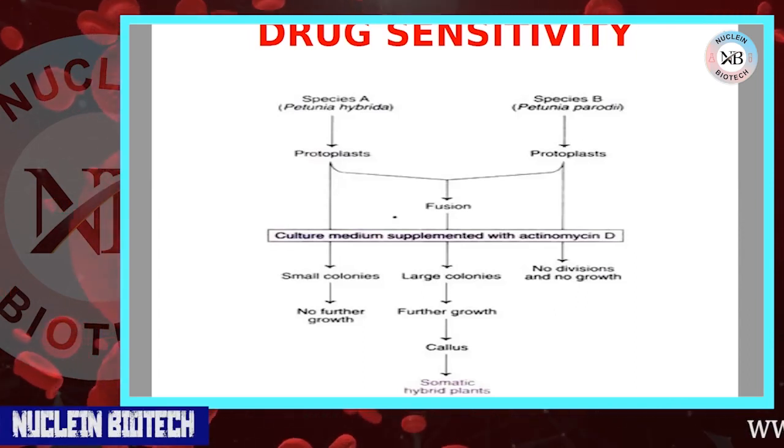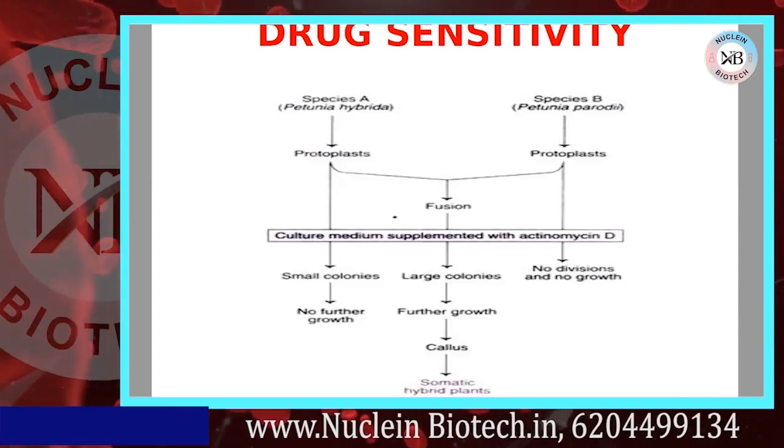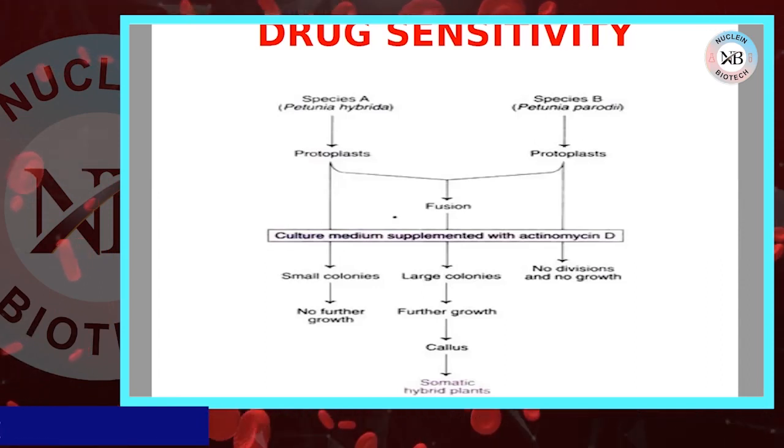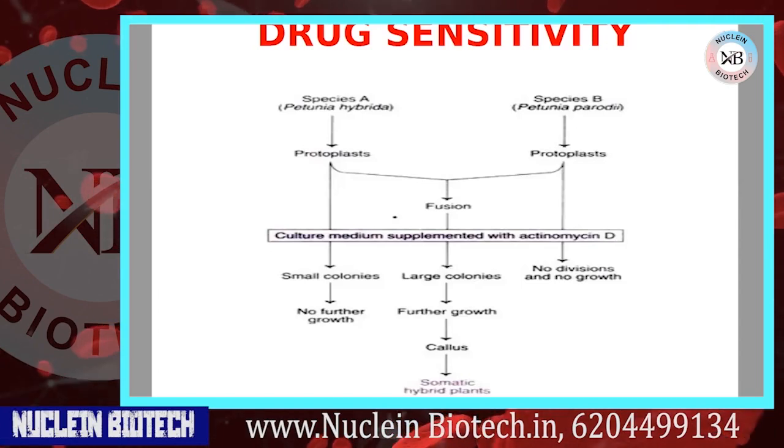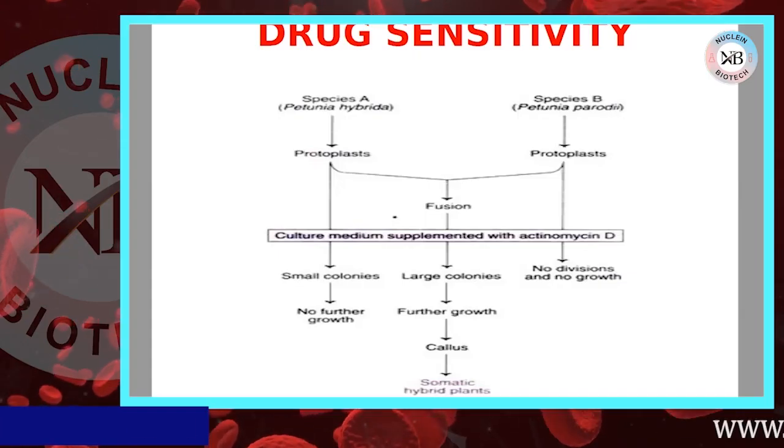Now, the drug sensitive selection method is useful for the selection of plant hybrid species if one of them is sensitive to a drug.